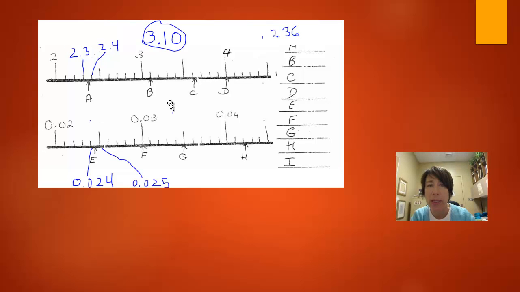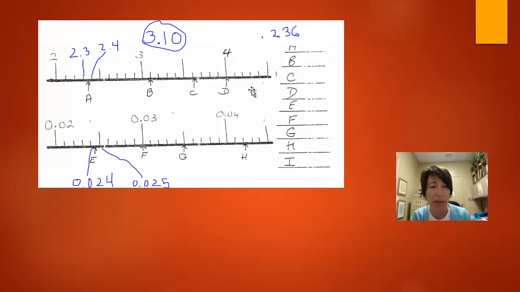So to accurately reflect the precision of this device, I need to have a 0 at the end. This 0 is my estimated digit, and anyone looking at this measurement can tell that the ones and the tenth place are known for certain in this measurement.